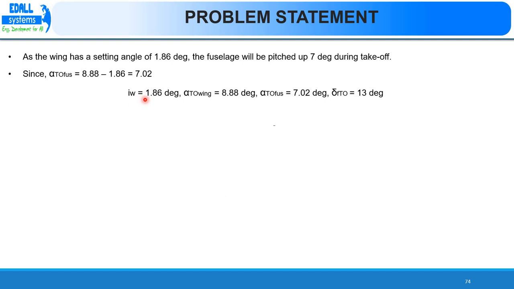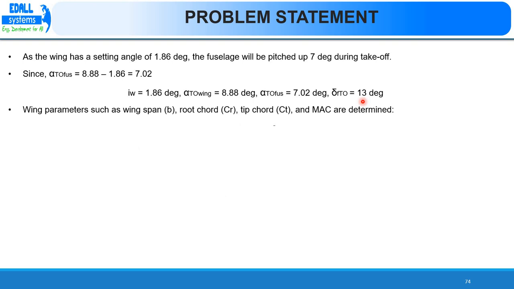Incidence will be 1.86 degree. Wing takeoff angle of attack is 8.88 degree. Fuselage takeoff angle of attack is 7.02 degree. Flap deflection at takeoff, delta FTO equals 13 degree.